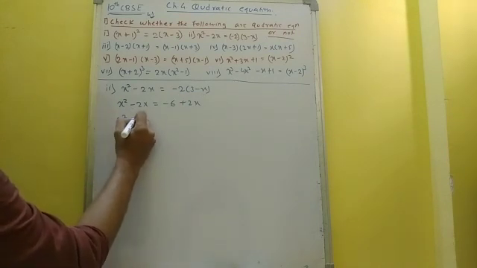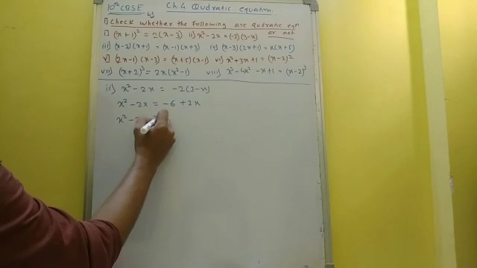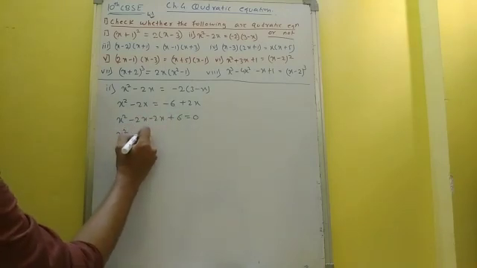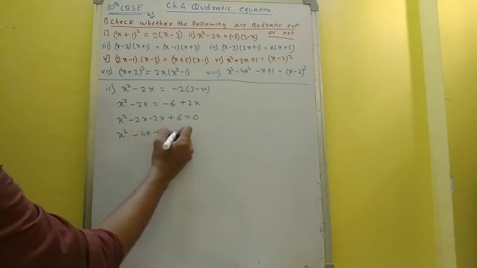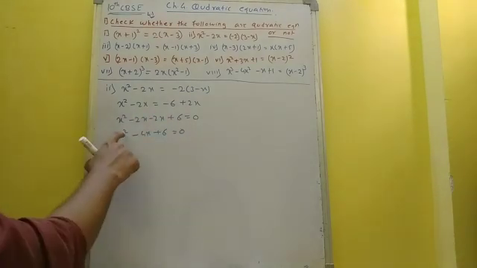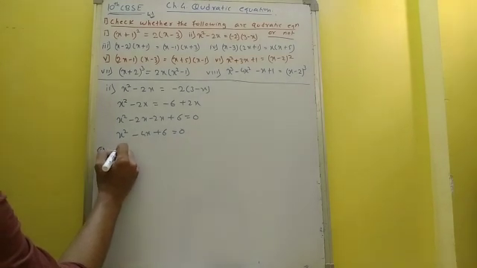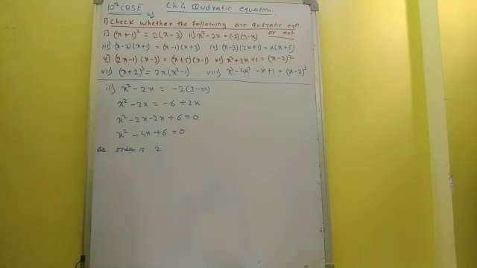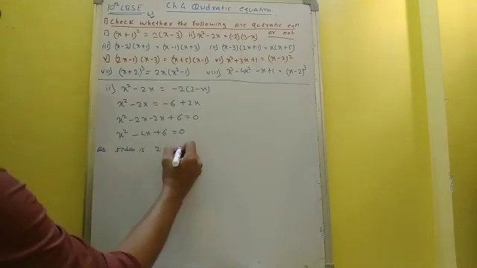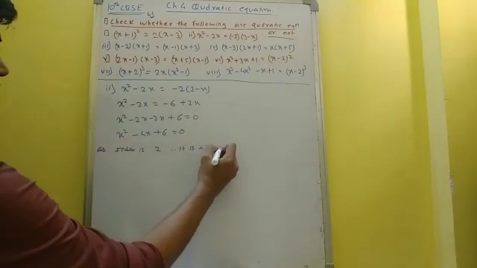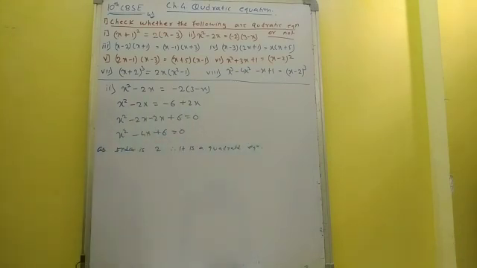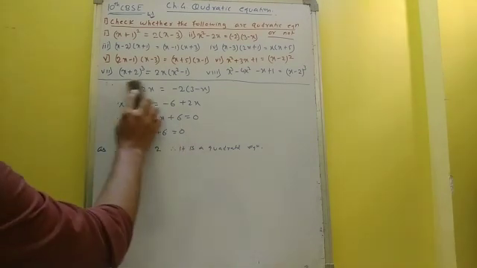So x square minus 2x plus 2x will become minus 2x, minus 6 will become plus 6 is equal to 0. x square minus 4x plus 6 is equal to 0. Again, as the index is 2, or the degree of the polynomial is 2, therefore it is a quadratic equation. Now I erase this and do the third one.